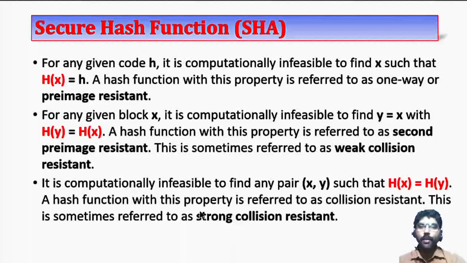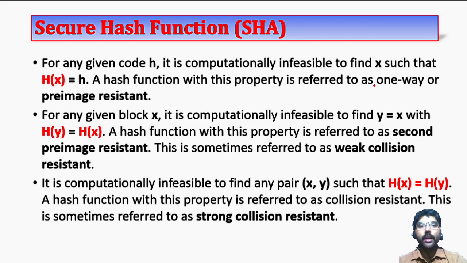From security point of view, the remaining three are very important. Fourth one is for any given code H, it is computationally infeasible to find X such that function H(x) is equal to H. A hash function with this property is referred to as one way.